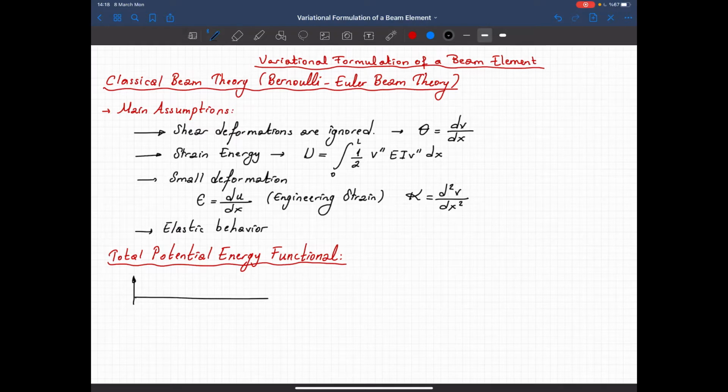We have a beam element under uniform distributed loading. So this is the x-axis, and the deformation in this axis is called u. And this is the y-axis, and the deformation in that axis is called v. This is the section, and that's the neutral axis of that member.